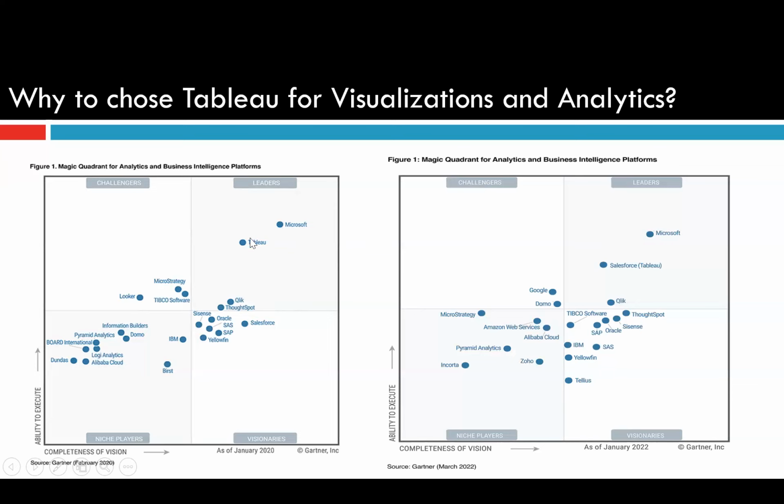But it doesn't mean that this is less important. Both of these are very popular in the market, and Tableau is one of the very famous tools among data scientists. They mostly use Tableau for exploratory data analysis.